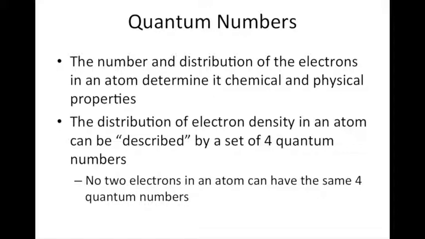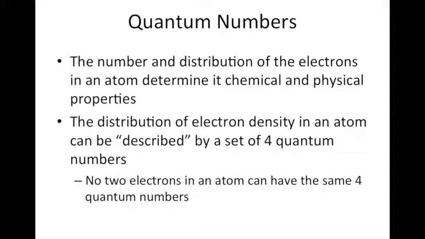We can describe the distribution of electrons in an atom using a set of four quantum numbers. Now, remember, according to quantum mechanics, we cannot know exactly where an electron is in an atom at any time.